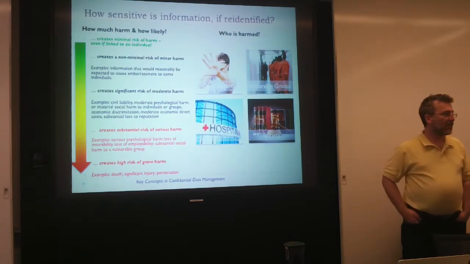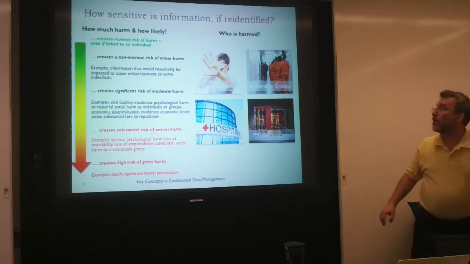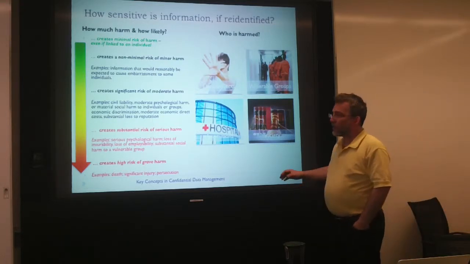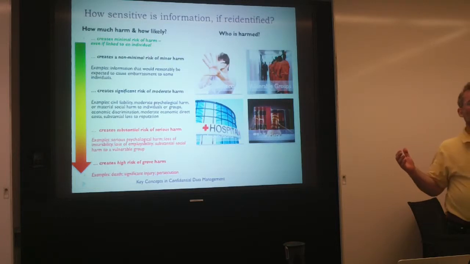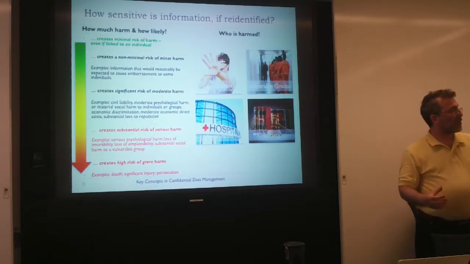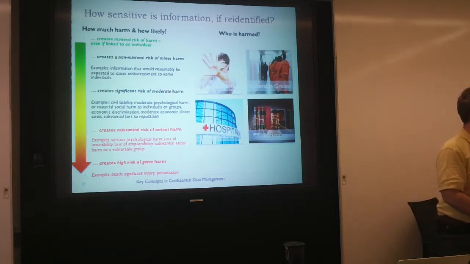Sensitivity is not so well defined, but there's an idea that there are different types of harms that could arise from disclosures. And that the harms might have different probabilities of manifesting if the data were released, even if someone was identified or you learned about someone. That doesn't mean a harm has occurred, right?